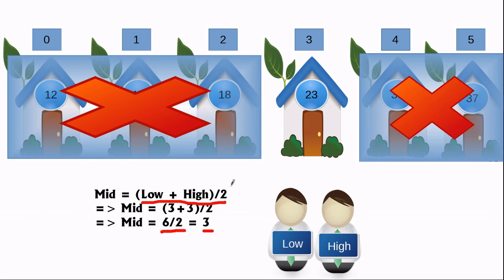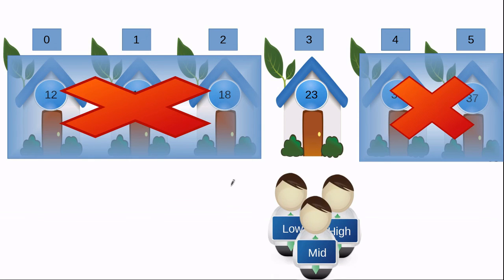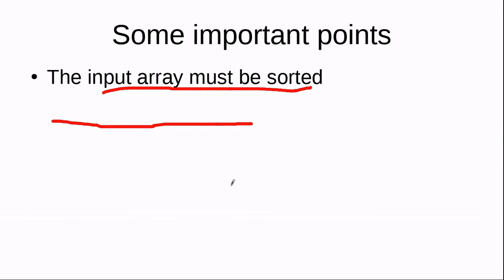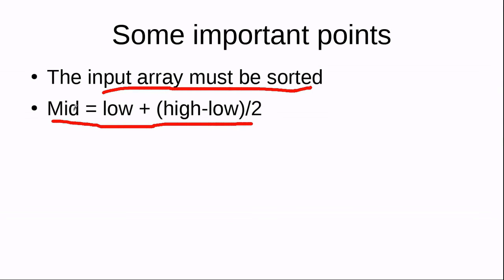To avoid such cases, we can use mid equal to low plus high minus low by 2. This logic will help us prevent the overflow and underflow conditions.